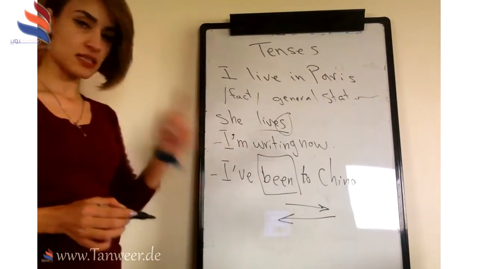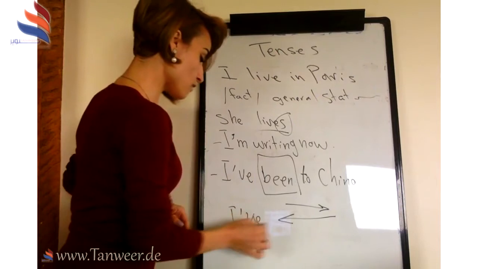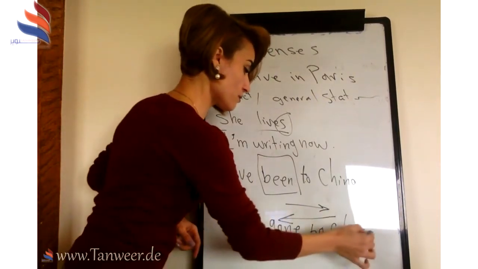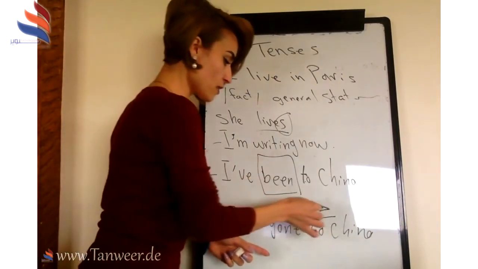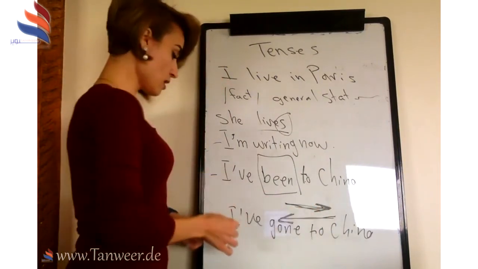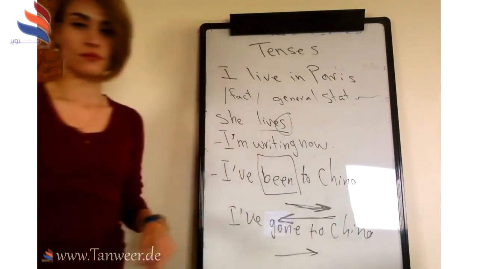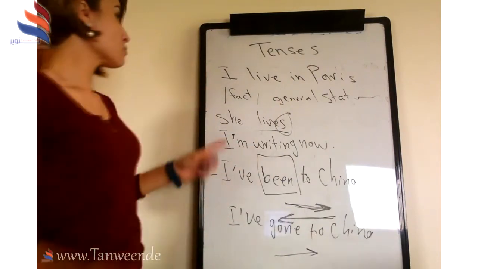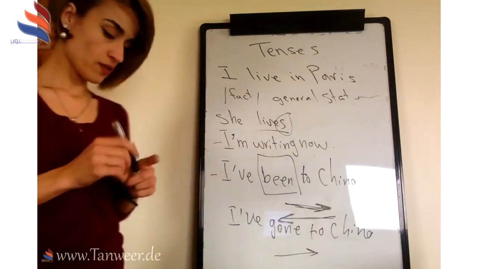This is to let you know the difference between I've been and I've gone to China. So, I've been to China, I went there, and I'm back. But when I say I've gone to China, I'm still there. So this is talking about present tenses now. Fine? I think it's clear.